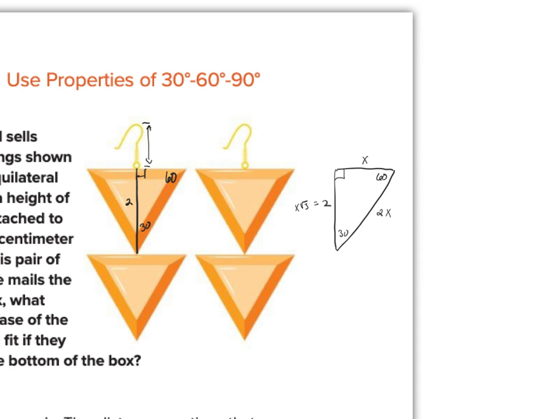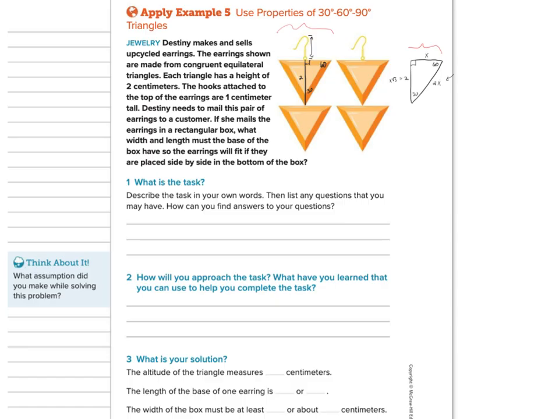I don't necessarily need to find this value, but I do need to find this value because I would have to find out how wide a space it takes up to lay these earrings flat in a box. So the task is to find the width and the length of the box, and we're going to need to calculate the height and the width of the earrings.